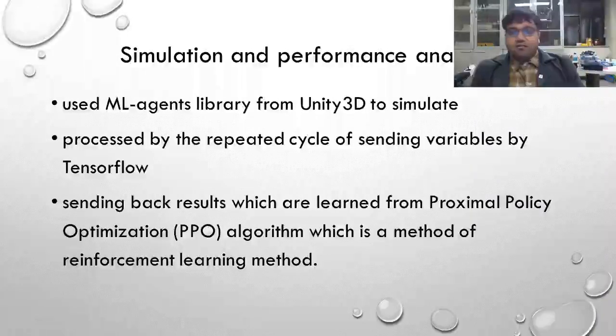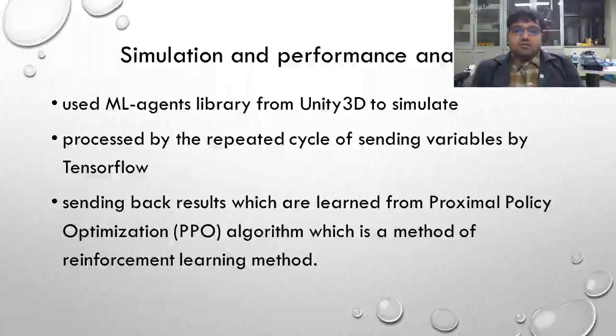And this was processed by a repeated cycle of sending variables by the TensorFlow library, which is a Python-based machine learning library by Google. We use TensorFlow and Unity 3D together to make this system.